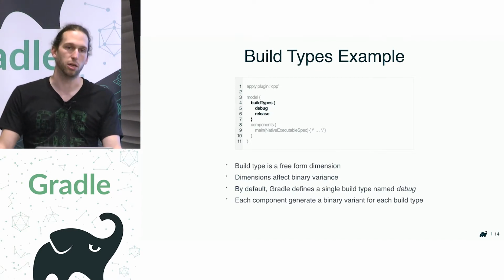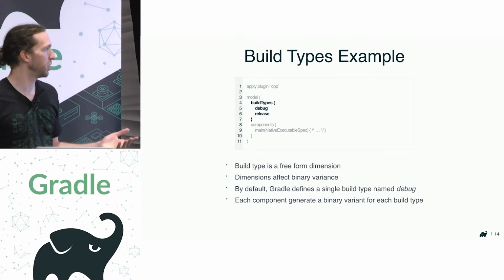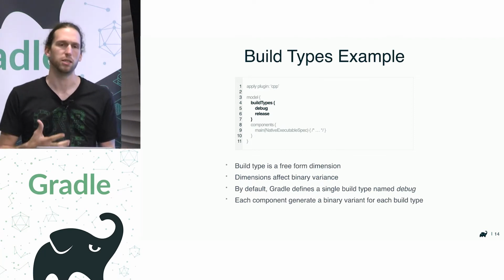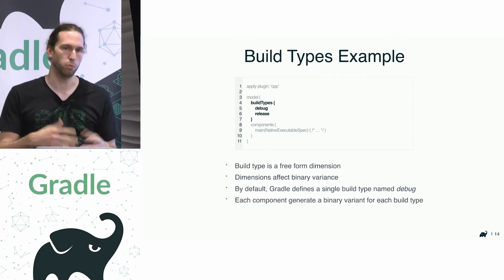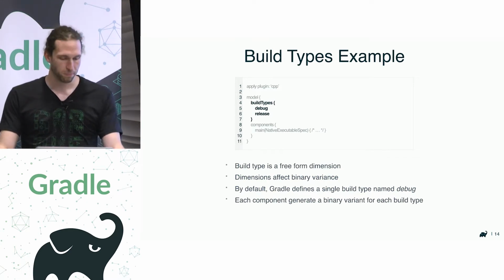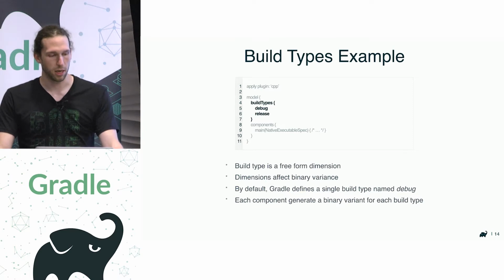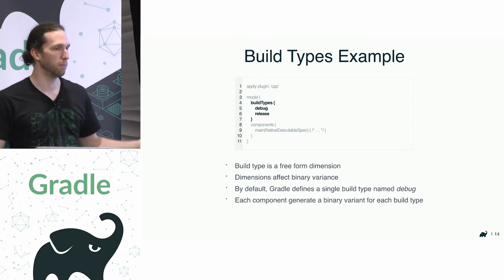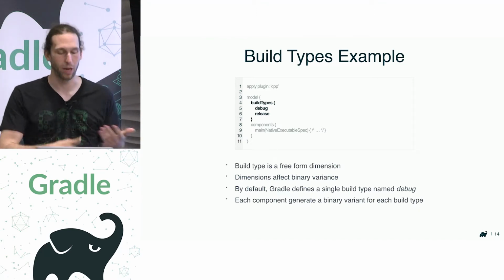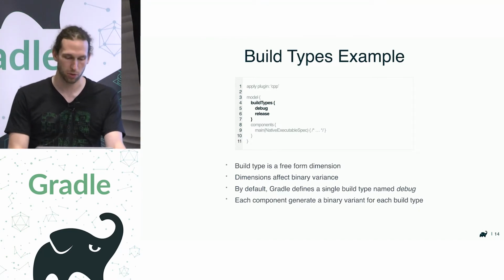By default, the build type that's created is debug. It's named debug, but like I said, there's no real structure to it. It's just a name, and you put the meaning that you want to it. As soon as you add elements in there, the debug by default will just go away, so you'll have to add debug on your own if you want it.